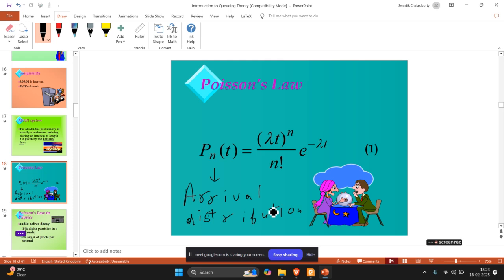Now if this is the arrival distribution, what does this denote? It denotes that n packets will arrive in t time.